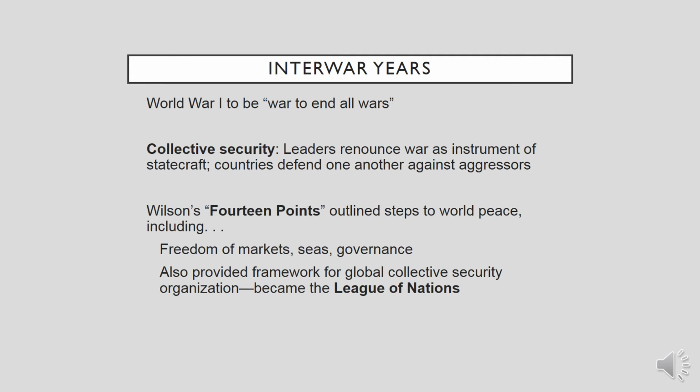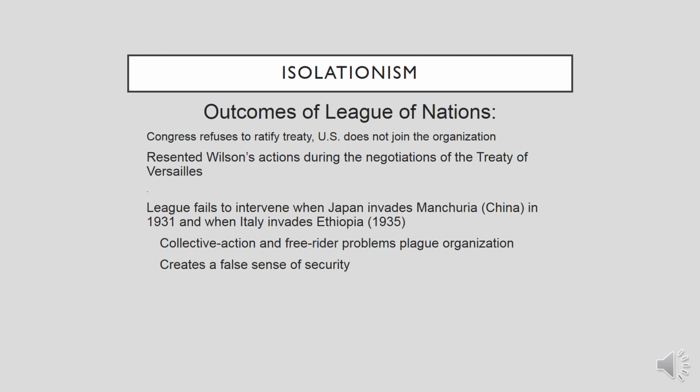But President Wilson's 14 points and the United States ascension into the League of Nations was rejected by Congress. And so the Congress refused to ratify the League of Nations treaty.